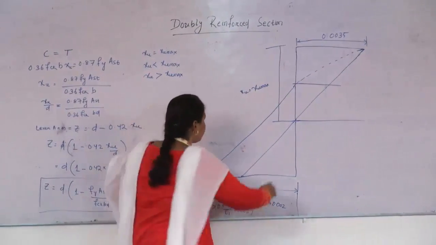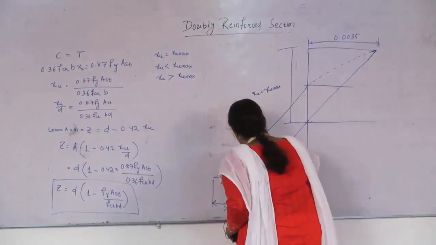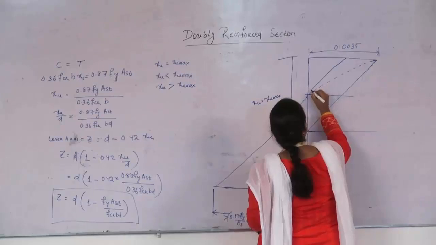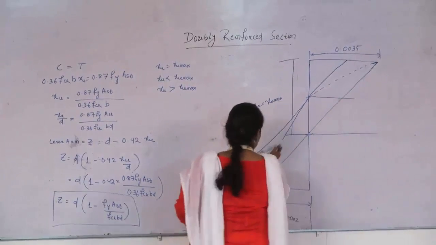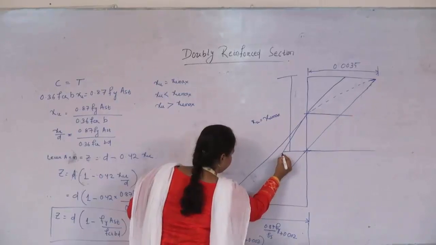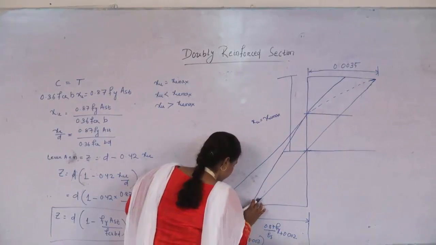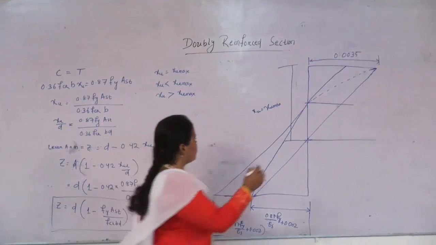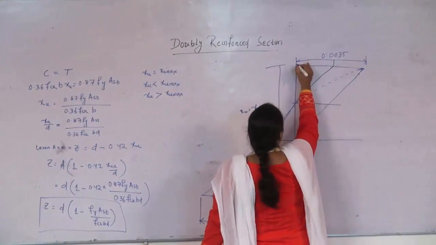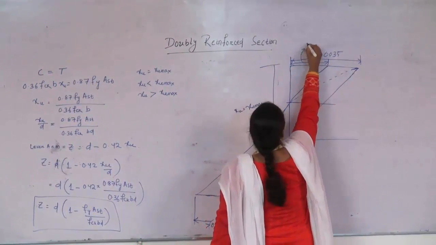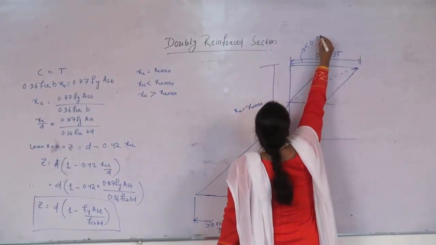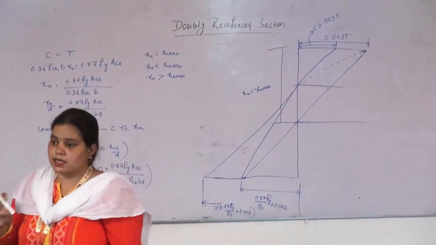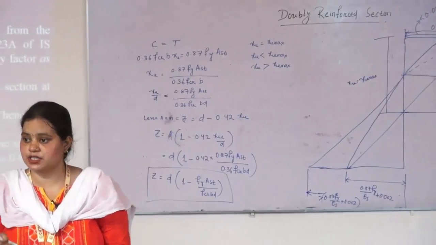Understand or not? So here, draw the diagram carefully. So this value is less than 0.0035. Okay, in these two conditions you get the under reinforced section.